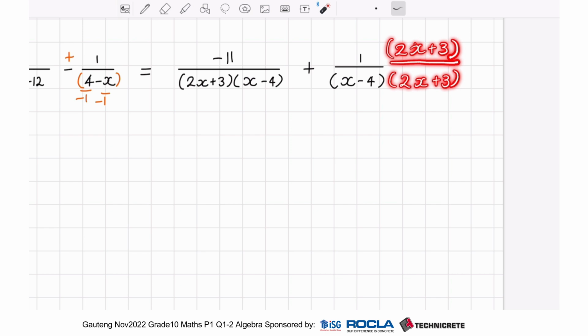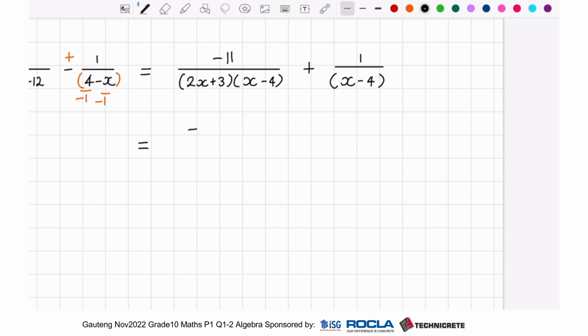So if I multiply the whole fraction by this 2x plus 3 over 2x plus 3, it's the same as multiplying it by 1, so I'm not changing the value, but what I am doing is getting the denominators to look the same. So when I multiply the second term by 2x plus 3 over 2x plus 3, I'm going to have 2x plus 3 now at the top, because 2x plus 3 times 1 is just 2x plus 3. And then in my denominator, I'm going to have the exact same denominator that I have here.